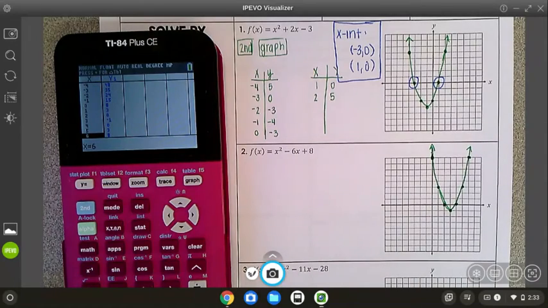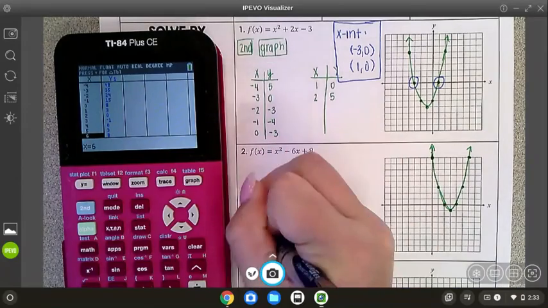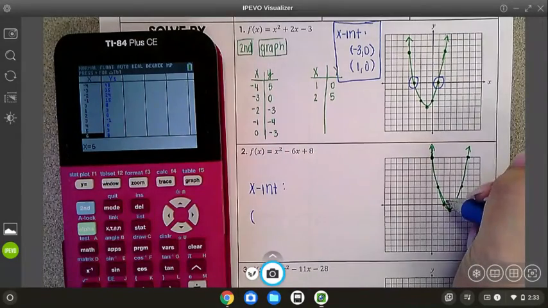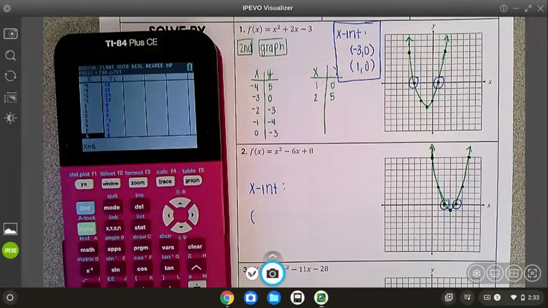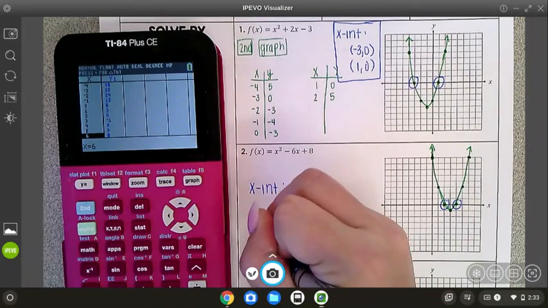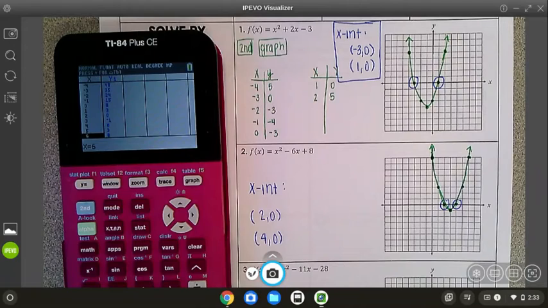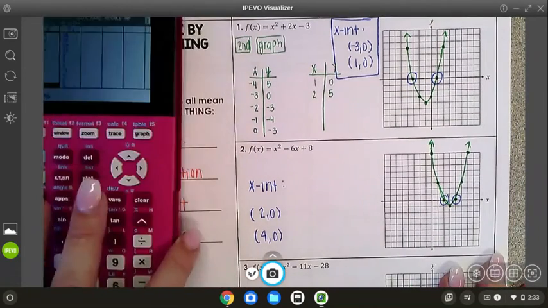Okay. So my x-intercepts are here and here. That would be at 2, 0, and 4, 0.